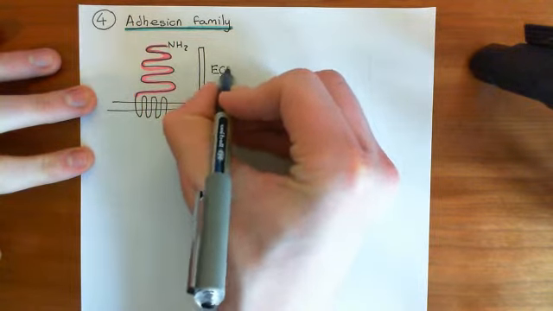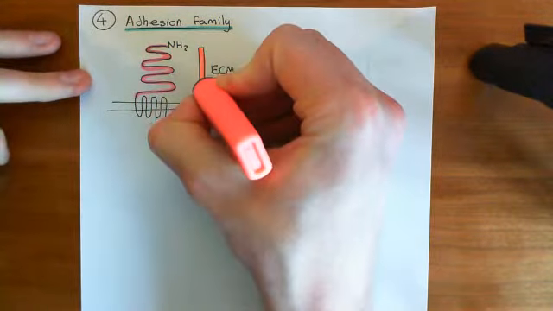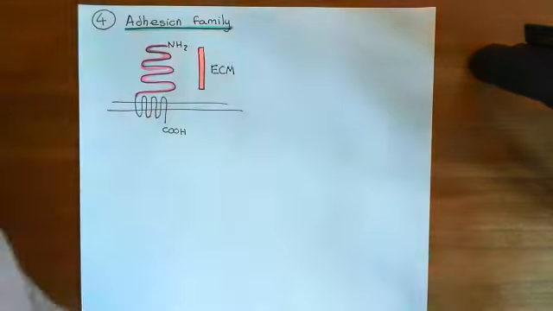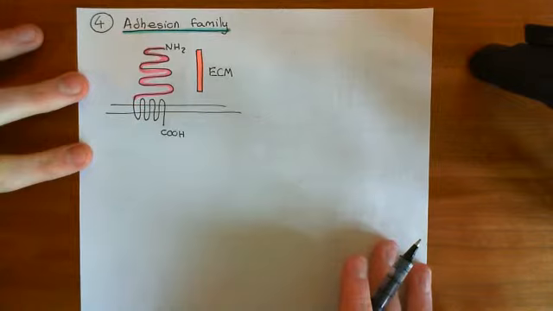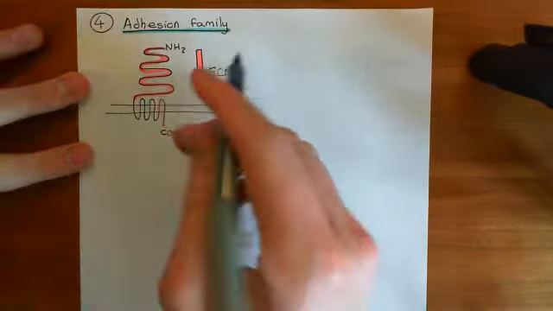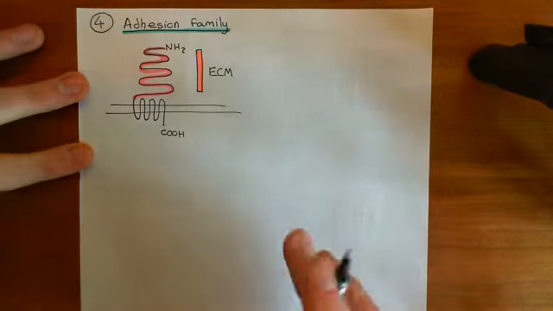So this is representing a component of the ECM, the extracellular matrix here. So we'll colour this in red. So adhesion family G-protein coupled receptors then bind to a component of the extracellular matrix, the ECM. And that's all we're going to say about adhesion family G-protein coupled receptors.